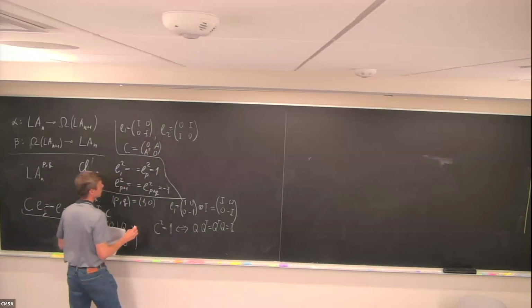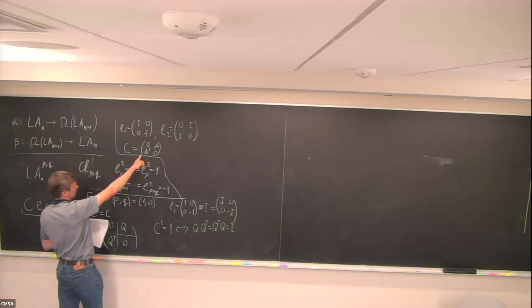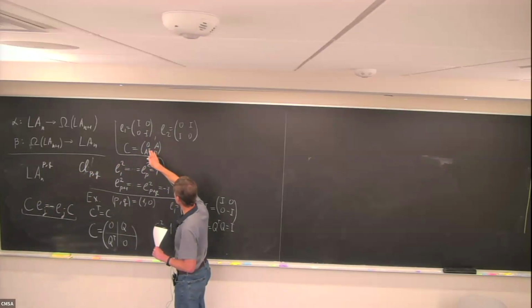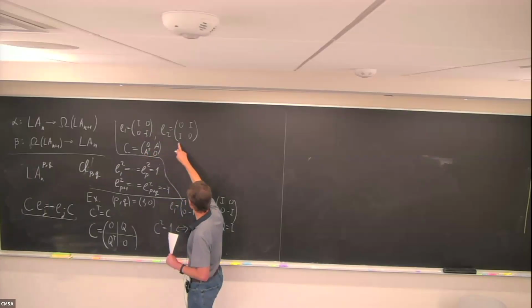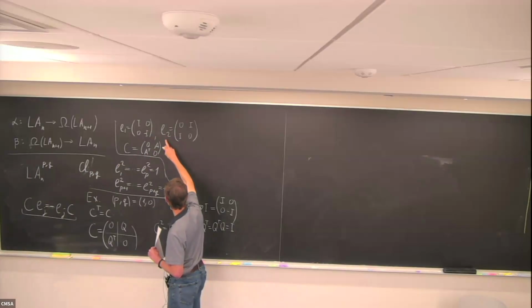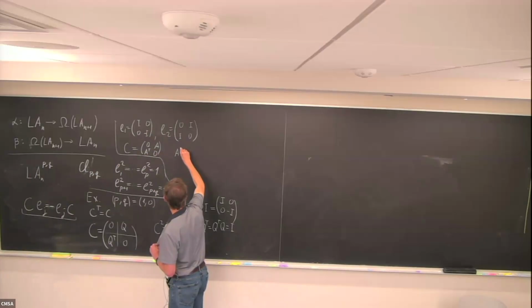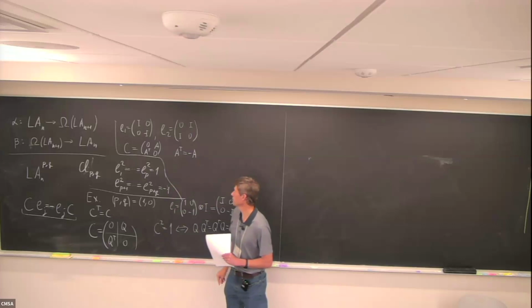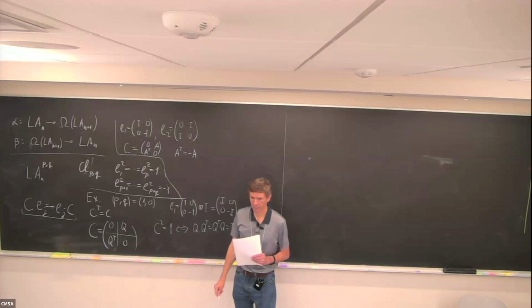It's minus I. Let me just rename Q as A, and the anti-commutation with E2 means that A transpose must be equal to minus A. So now it's anti-symmetric.